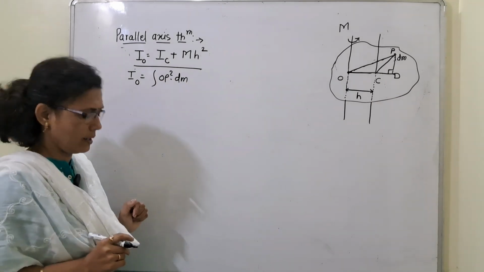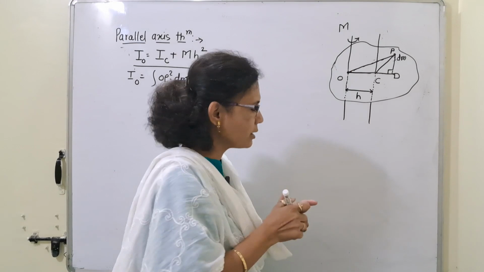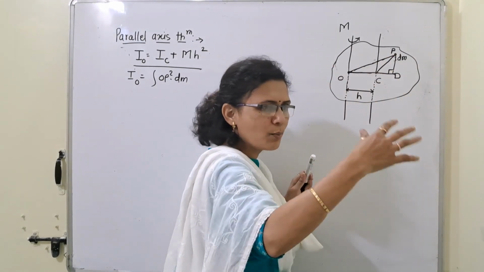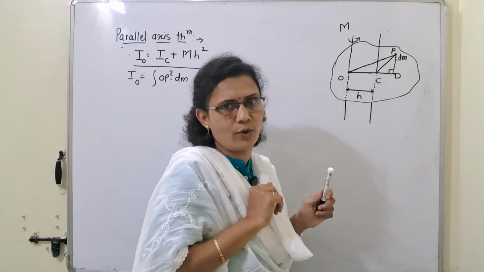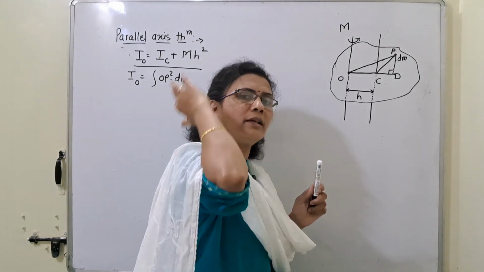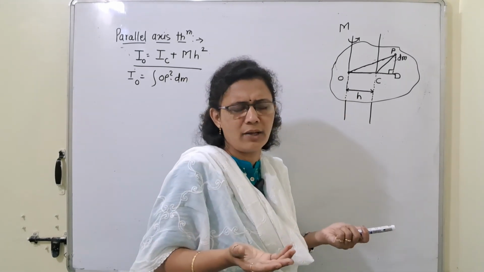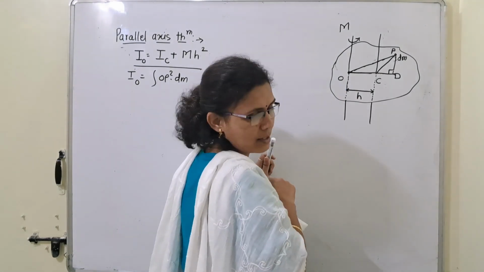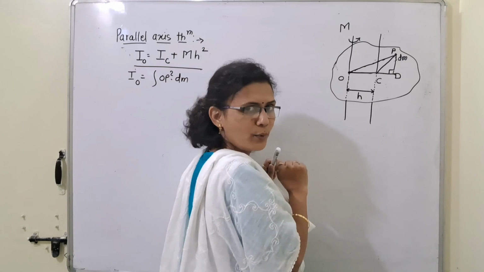Why integration? See, this body has continuous mass distribution, correct? See, dm. These all small elemental masses are distributed continuously in this body. So we can't directly find the moment of inertia of this body about this axis, because this body can have any shape. So I have to consider each and every mass and the distance of that mass from this axis of rotation.